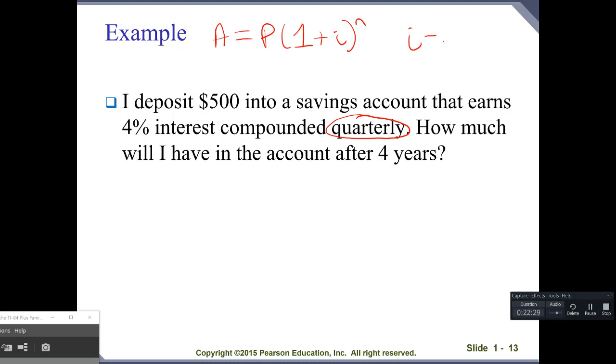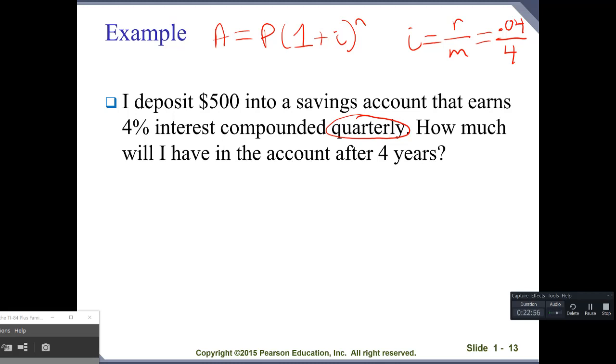And I is the interest rate divided by how many times it's compounded each year. So let's find the I right now. My interest rate itself is still 4%, just like it was in the previous problem. That's going to be 0.04. And it's compounded quarterly, so it's compounded 4 times a year.